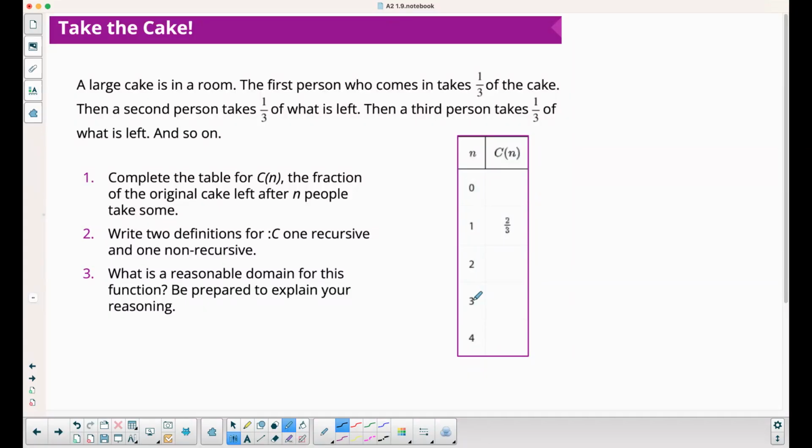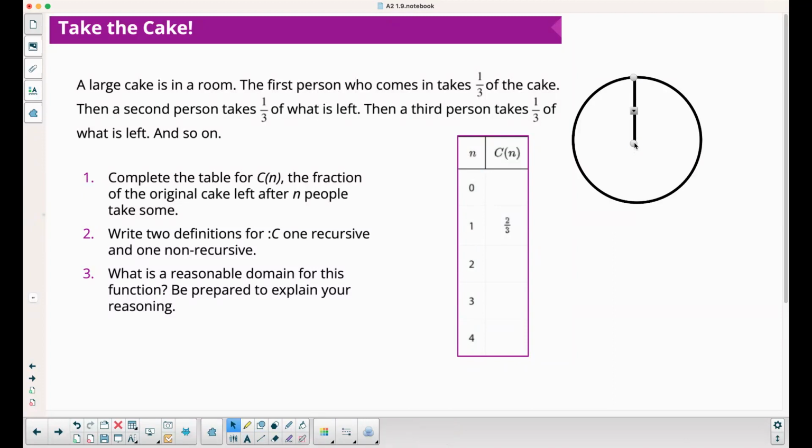So this is where it gets a little tricky, because a lot of people think that C of n is you're just multiplying by 1/3, but it's actually you're multiplying by 2/3. So if I were to make a cake here and divide it into thirds, I'm going to do my best to do that. Okay.